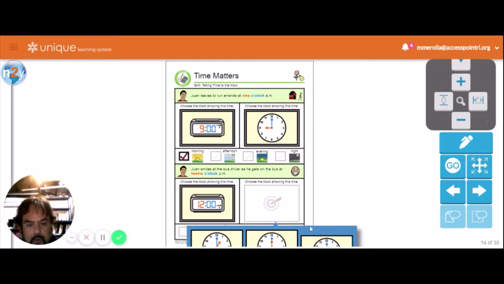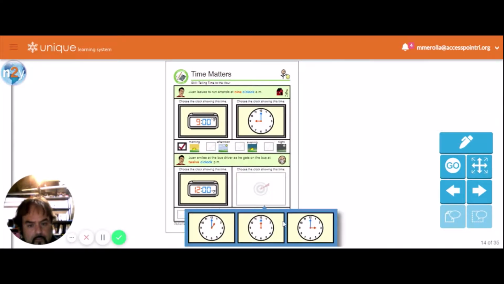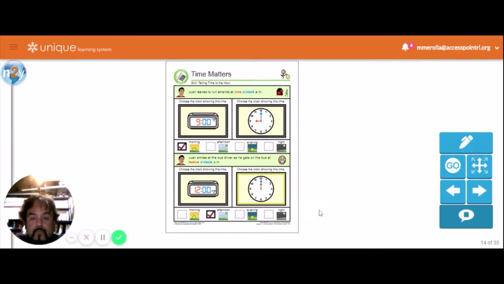Okay, so which one shows 12 o'clock p.m.? Is it this one here, with both hands going straight up? Is it this one here, the little hand on the 3 and the big hand on the 12? You chose both hands going straight up. You are correct. 12 o'clock.